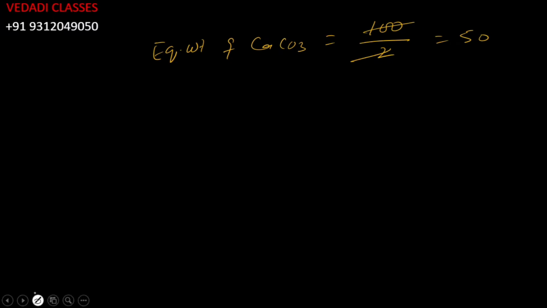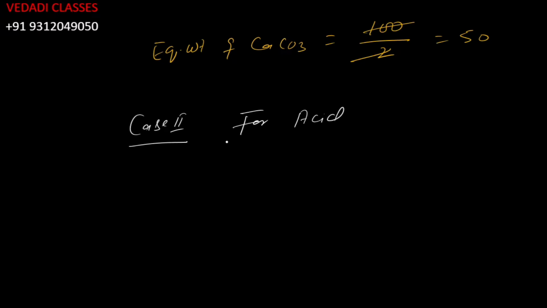Now we will discuss the second case, case number 2, for acids like HCl, HNO3, any one acid. If you want to find the equivalent weight of that, we use a term basicity. First we should understand what basicity is.